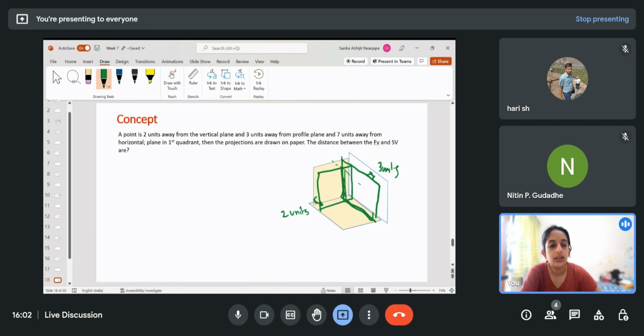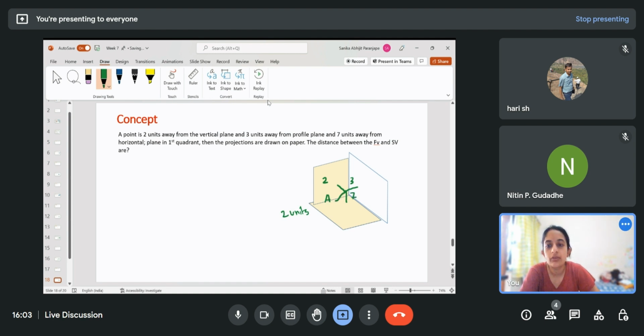So then finally you have the point somewhere here. So this distance will be 2, this will be 3, and this is 7. So this is our point A.